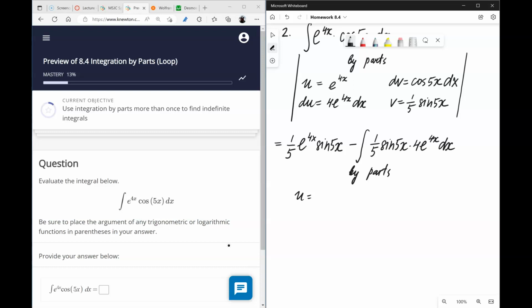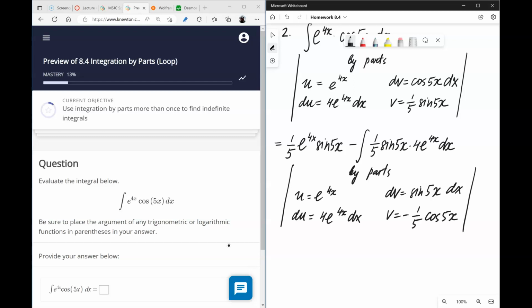So I'm going to do u as e to the 4x again. Du is 4e to the power of 4x dx. dv is sine of 5x dx, so that v is negative 1/5 cosine of 5x. And it all would have looked much better if I took the 4/5 out, which is what I'm going to do now.